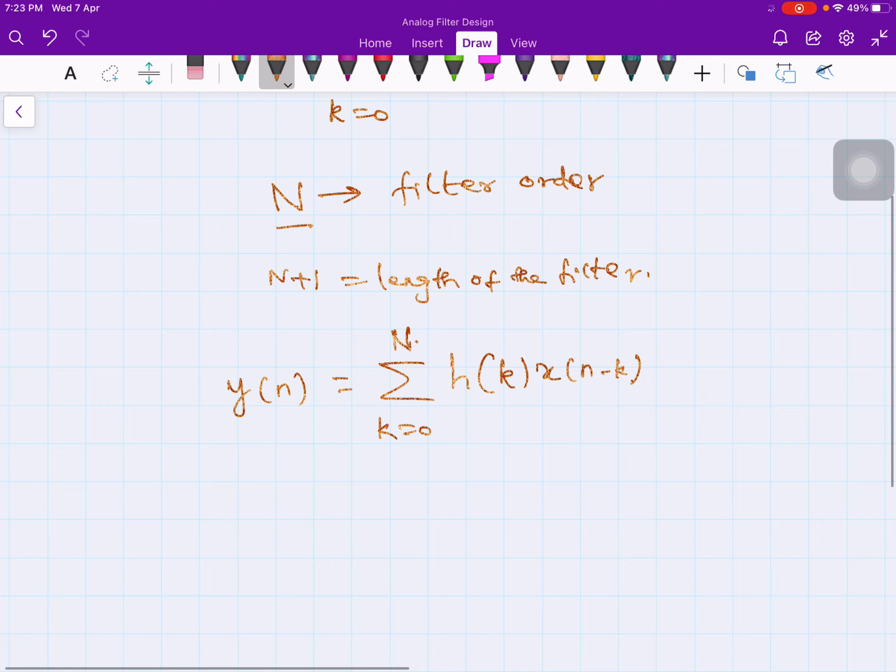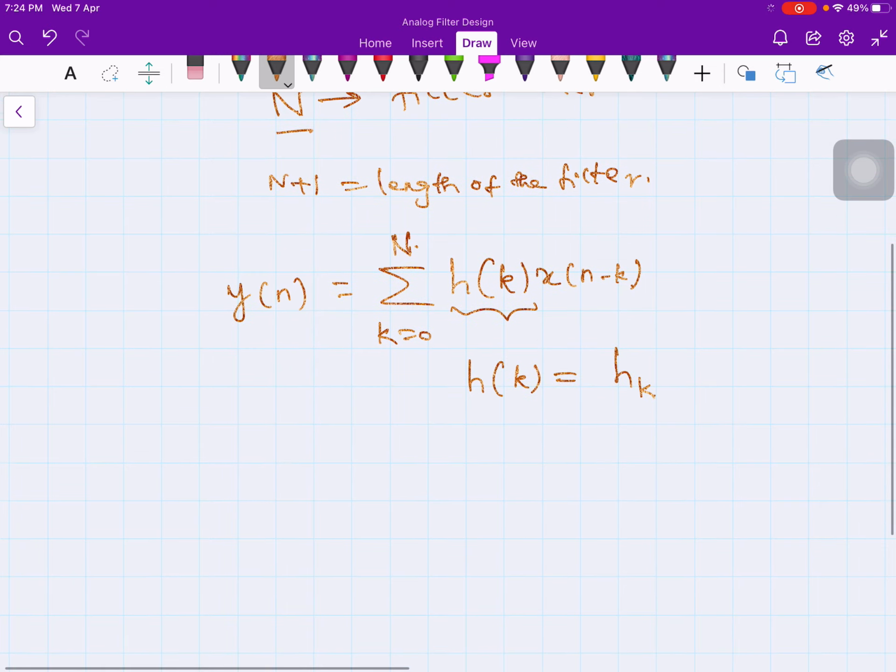So if I derive a structure which uses these coefficients, and incidentally, in order not to write these brackets again and again, let me use a subscripted form, h suffix k, to show this as a function of k.